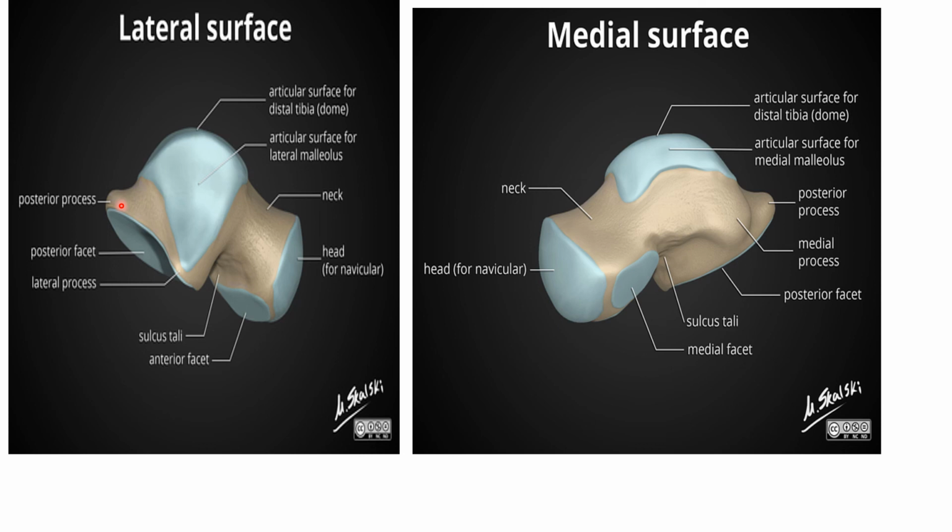A groove divides this process into medial and lateral tubercles, which is not shown here. So these are the features of the talus bone.